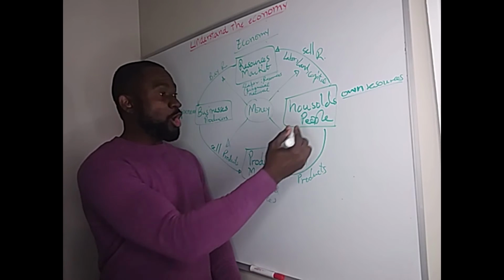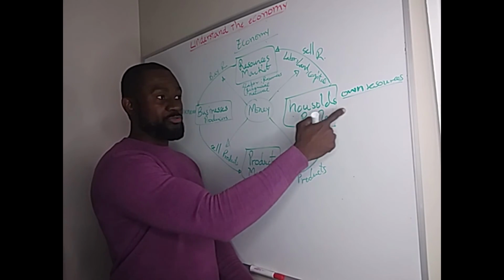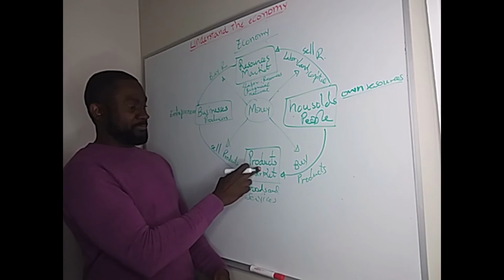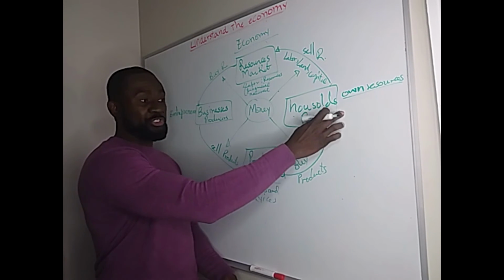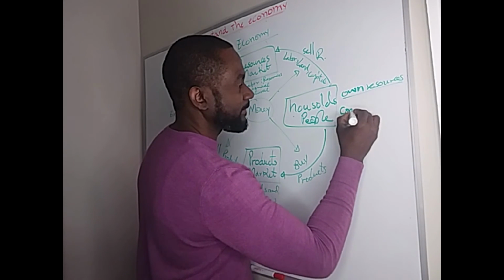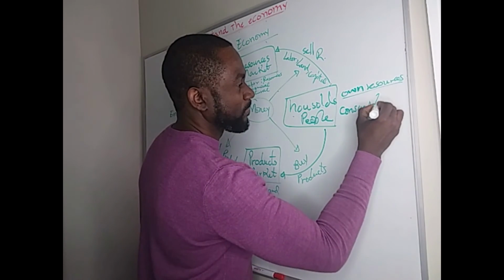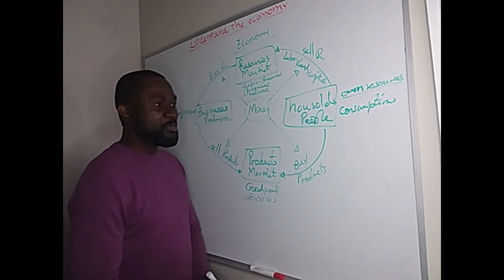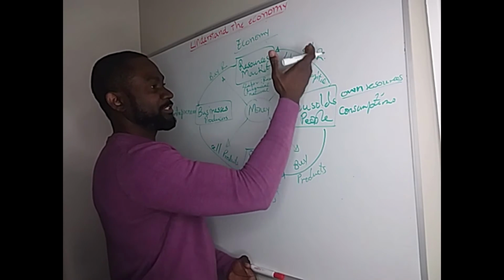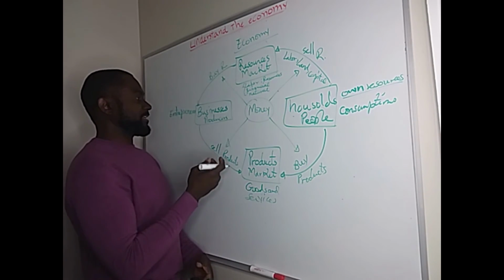Okay, we are the households who own resources. We work in the businesses to produce a product that we consume. Again, here we have consumption. We consume the product. We consume some of the resources. We sell some of it.